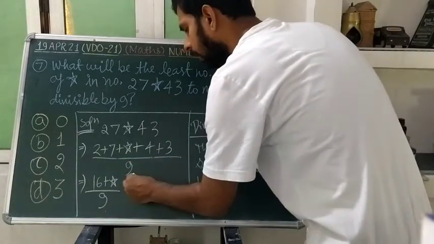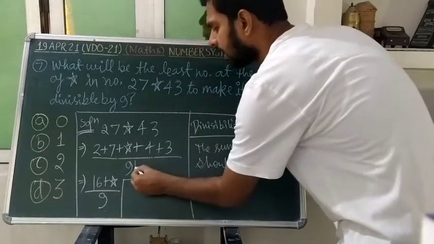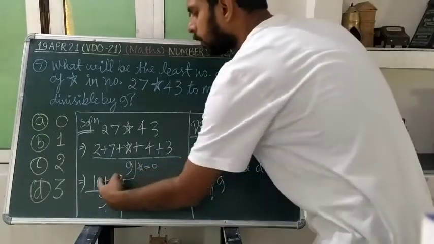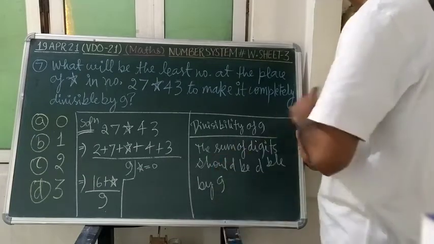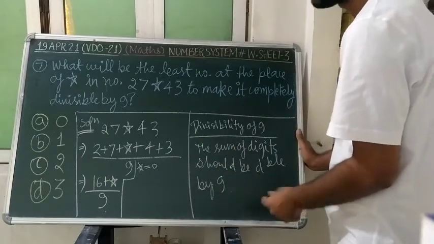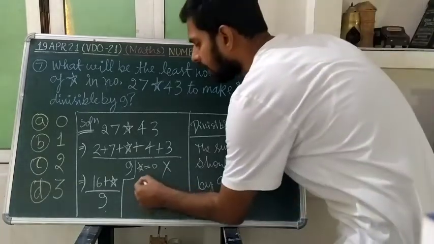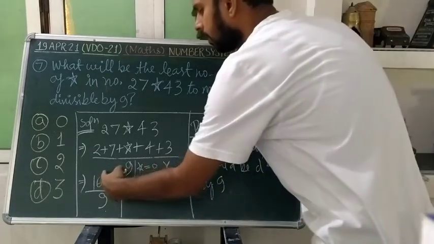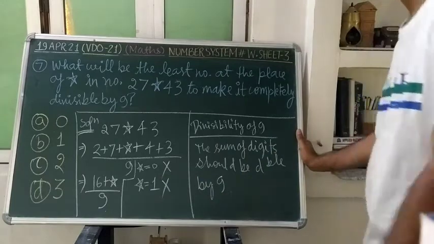If we select star as 0, then 16 plus 0 gives us 16, and that is not divisible by 9. So star we can't choose as 0. If I write star as 1, 16 plus 1 will be 17, not divisible by 9.